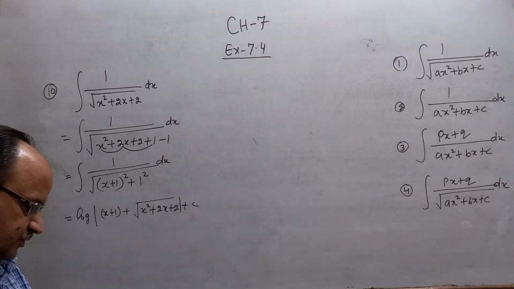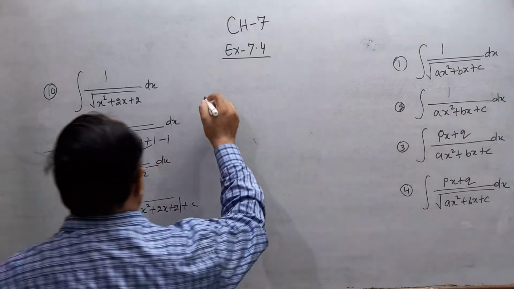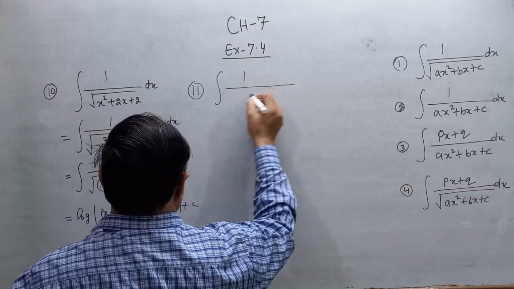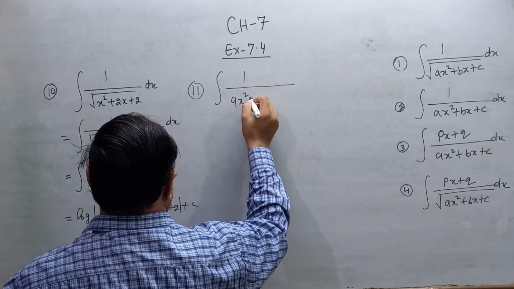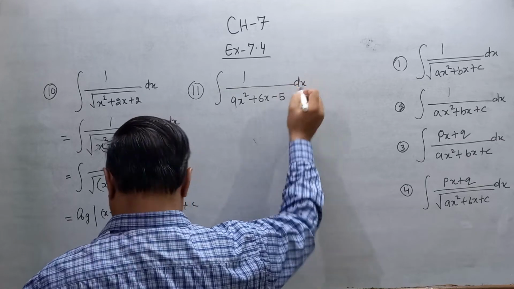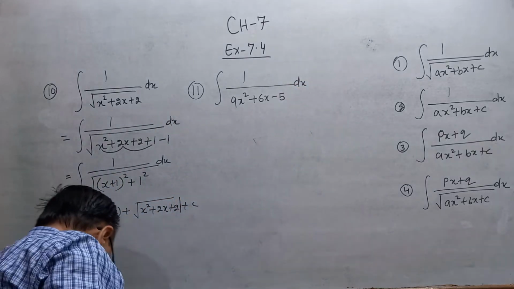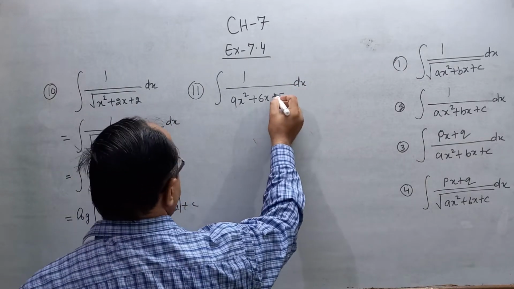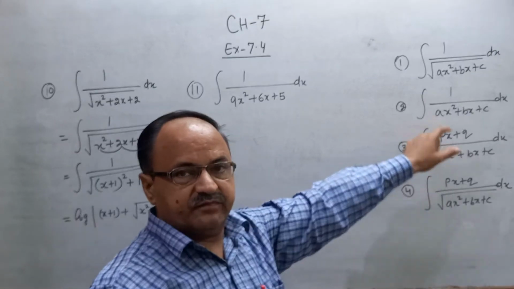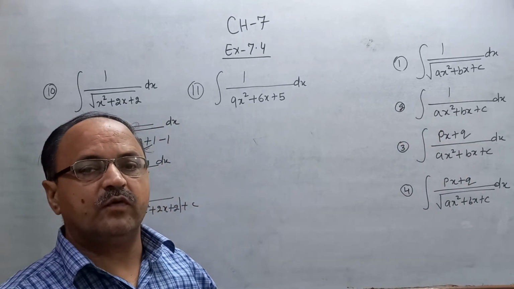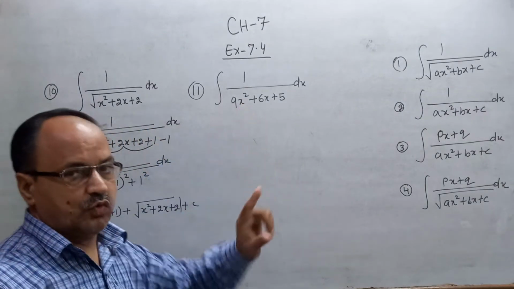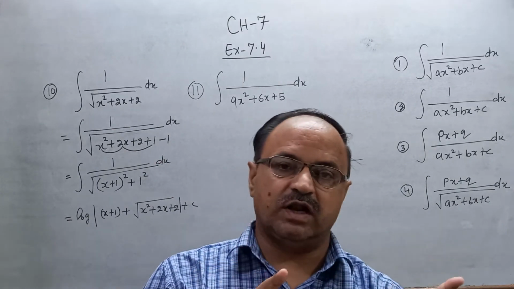And one more question. 11. Integration 1 upon 9x square plus 6x minus 5. Clear? This is the second type, 1 upon quadratic. Firstly, the coefficient of x square should be 1.